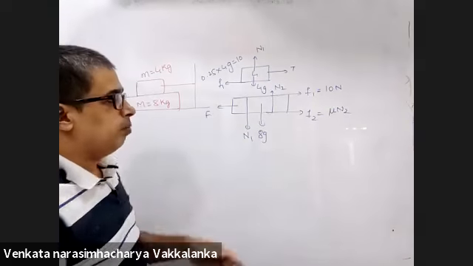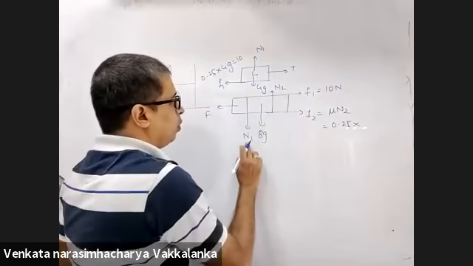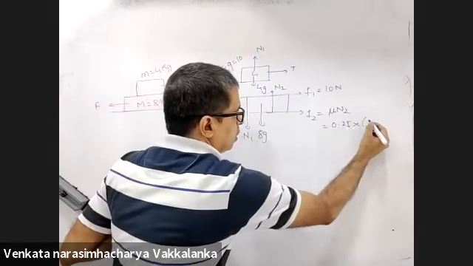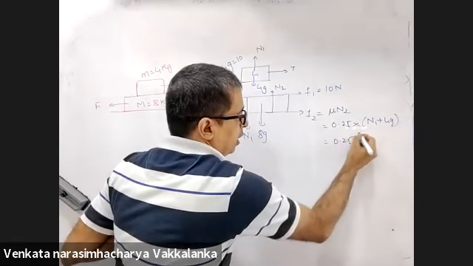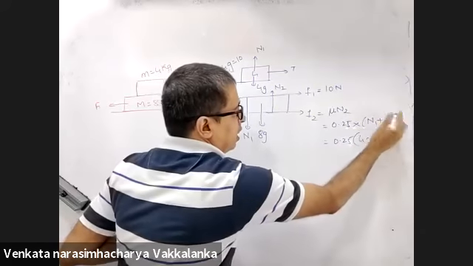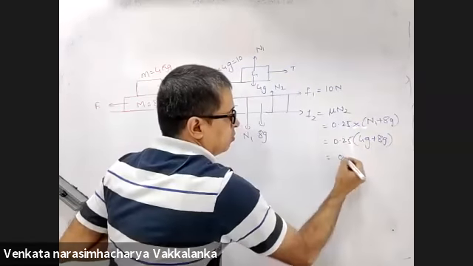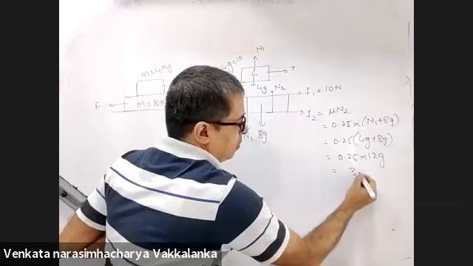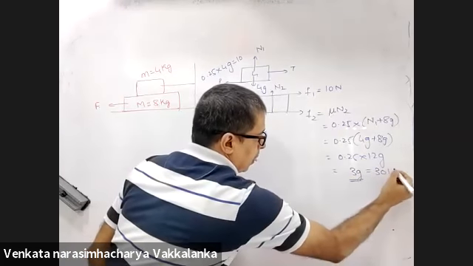Mu N2 will be 0.25 into N2, and N2 is N1 plus 8g, that is 4g plus 8g, which is 12g. So 0.25 into 12g is 30 Newton.